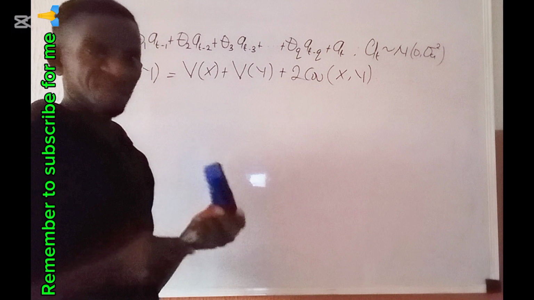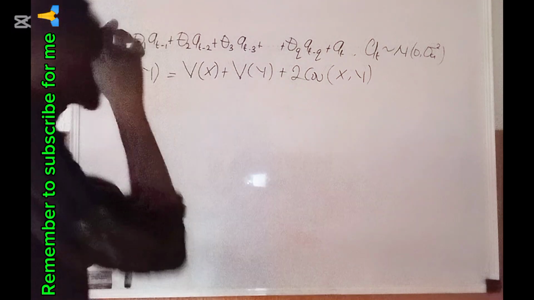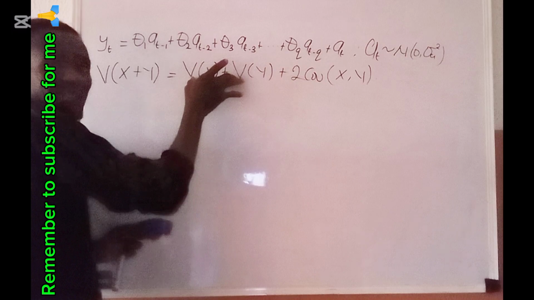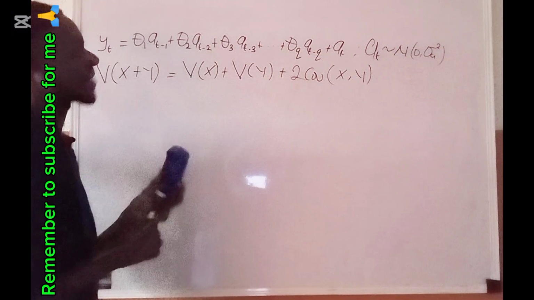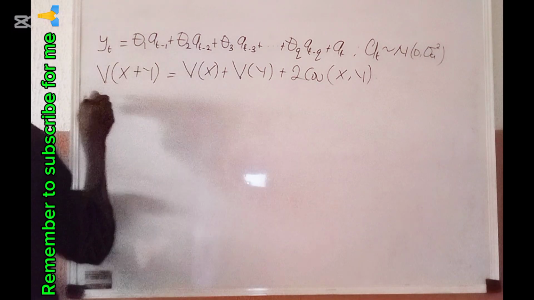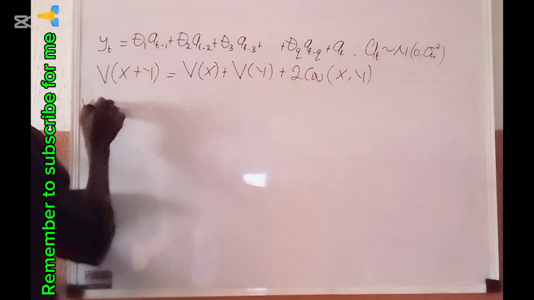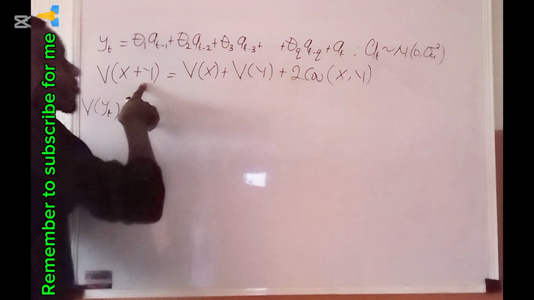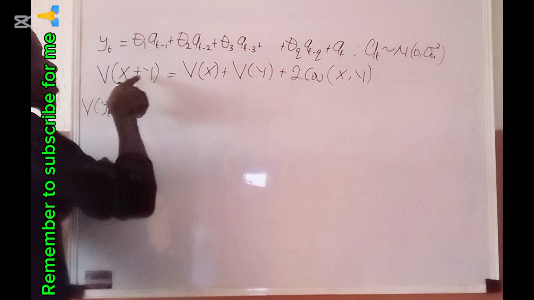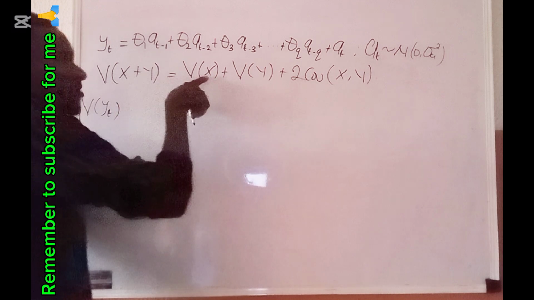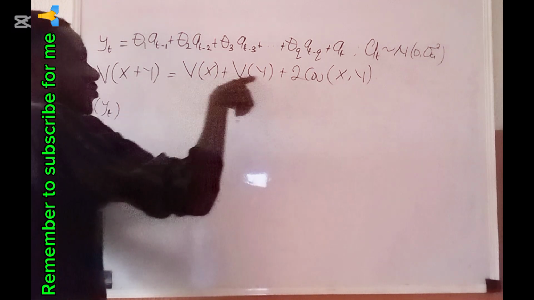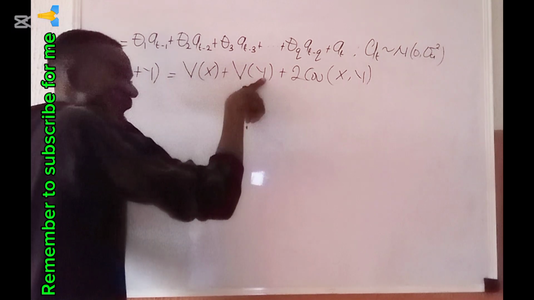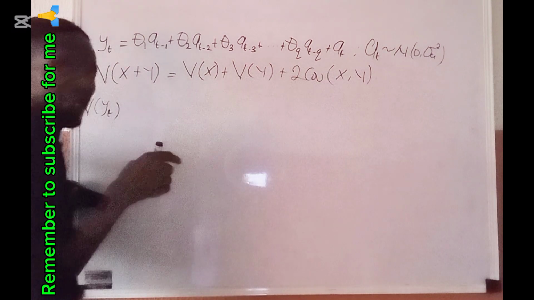Okay? And on that note, what we are going to do now is mimic this expression and take the variance of the model. So I am going to say that the variance of y of t, just like what I had here: when I had X plus Y, I took the variance of X, took the variance of Y, before talking about the covariance.